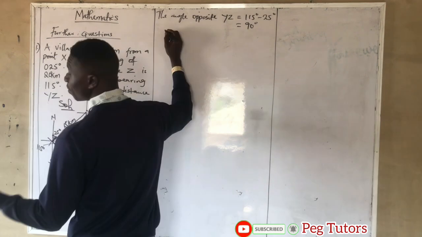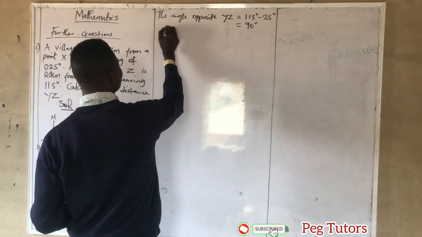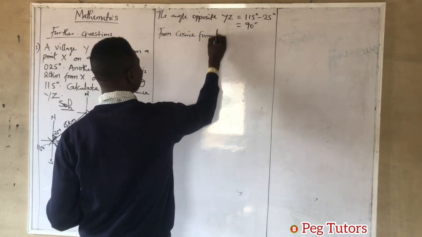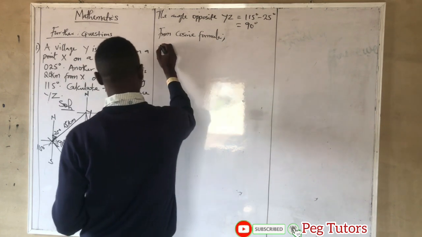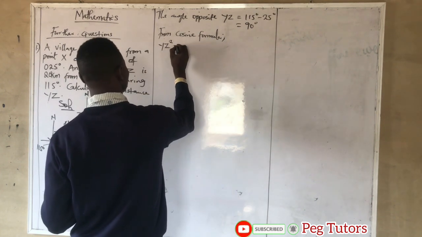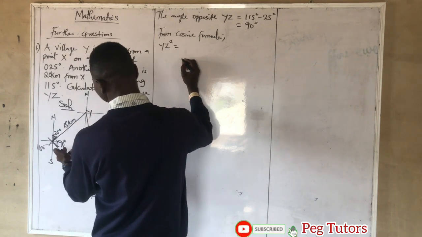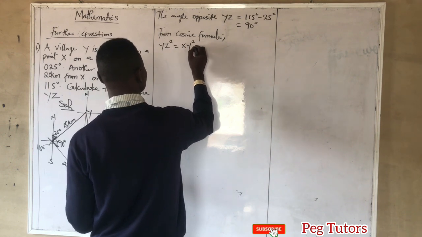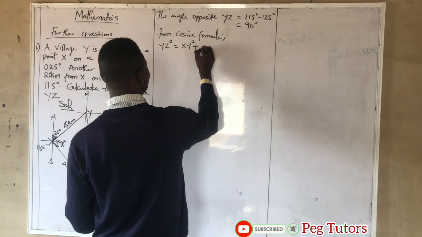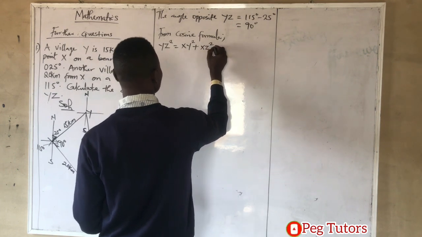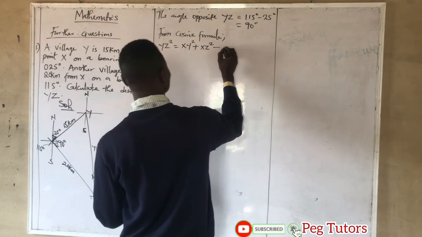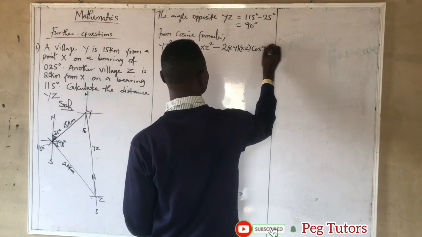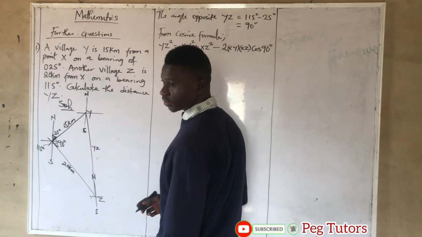Now, how is it easy? From the cosine formula, YZ squared must be equal to XY squared plus XZ squared, minus 2 times XY times XZ times cos 90 degrees, that's the angle opposite it.